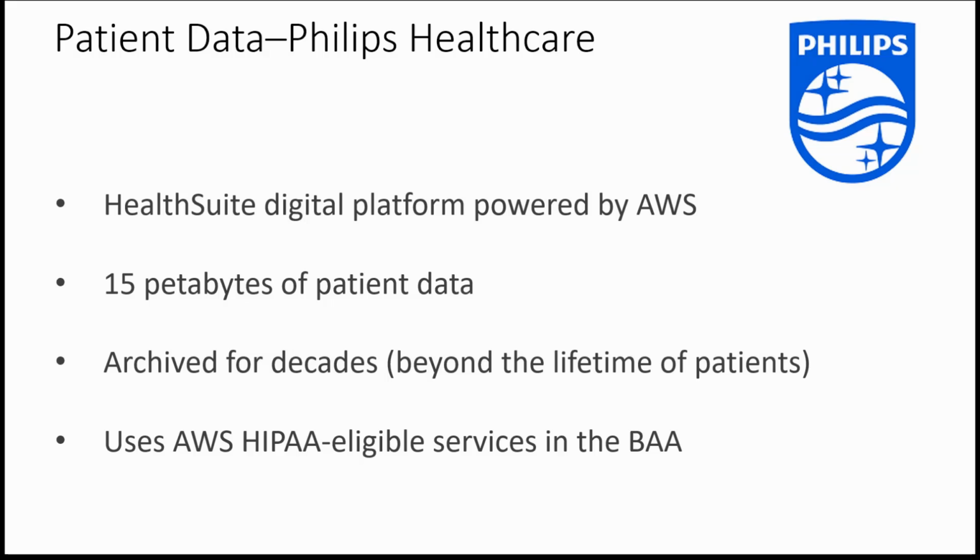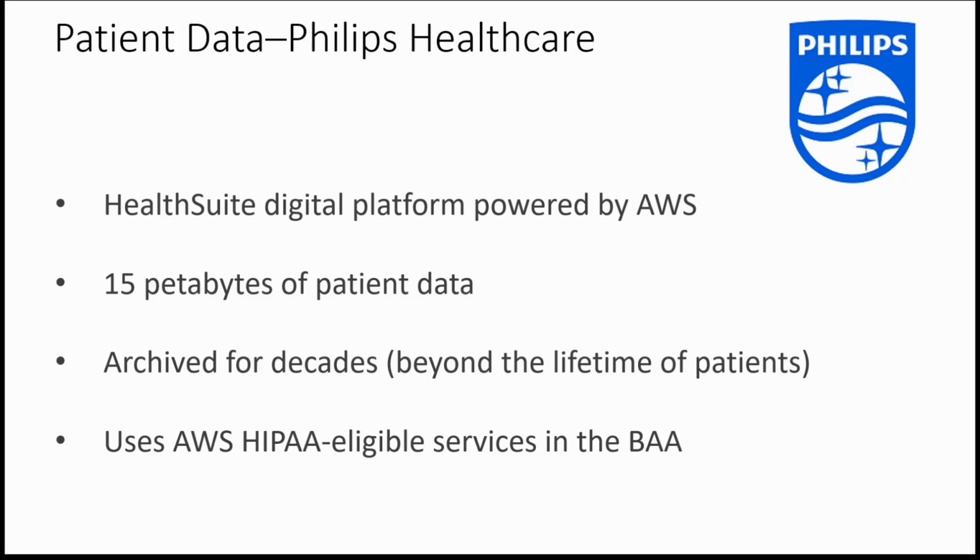Third example is healthcare. Healthcare is interesting because it's more of a regulated industry, and so there are compliance and retention requirements. Philips, who we're partnering with, has their HealthSuite digital platform, which is powered by AWS. They have over 15 petabytes of patient data, and that continues to grow. They archive that data for decades. There are very specific healthcare laws, and for those of you on the phone from healthcare or other regulated industries, there will be different laws and different regulatory bodies that regulate your industry.